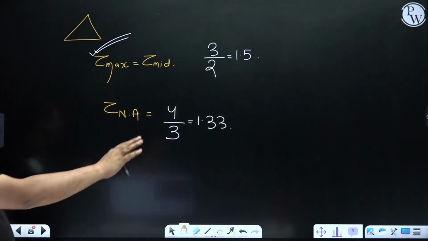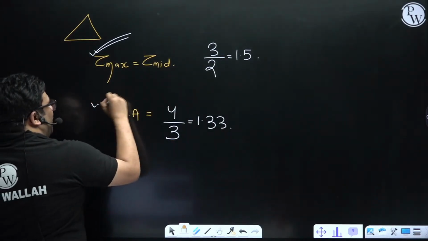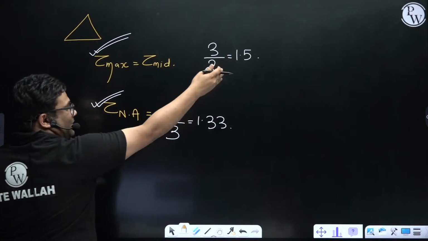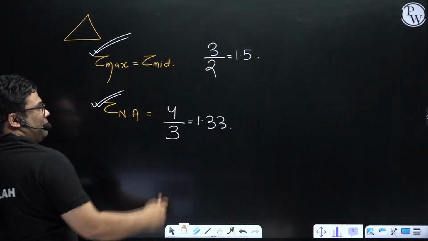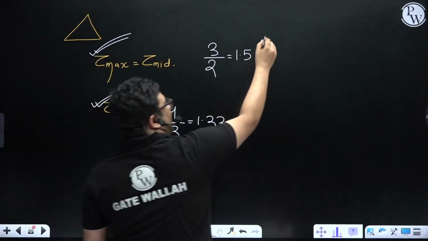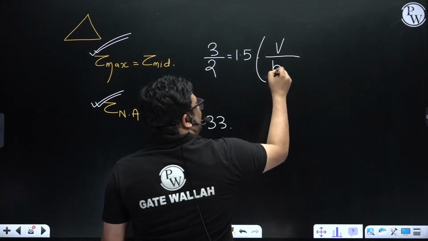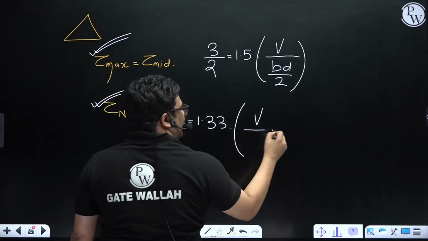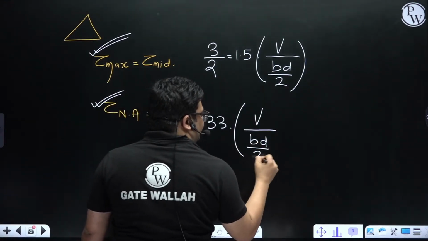So don't get confused that which one is which one. Obviously, this is maximum one, and maximum one should be 1.5, because 1.33 is obviously less than 1.5. So then here you can use average stress V by, don't forget, BD by 2, because triangle, and then V by BD by 2.